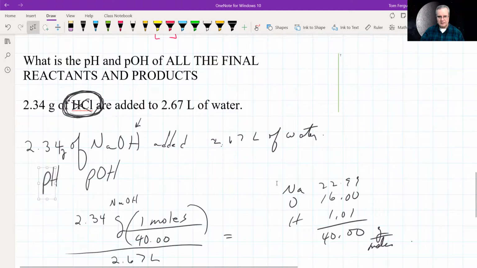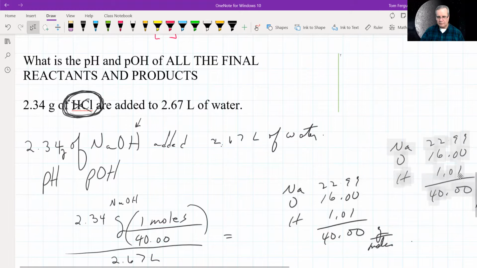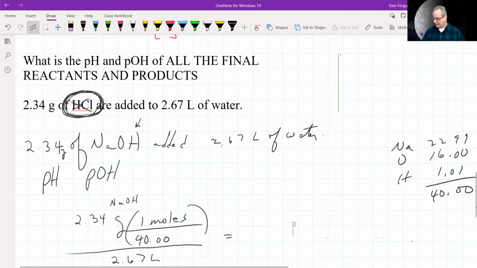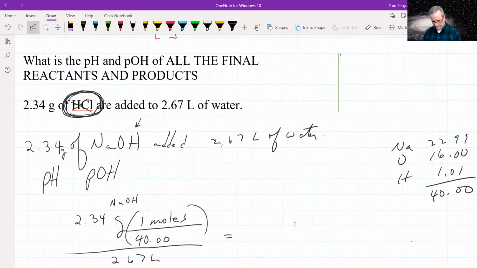And let's move that over here. Okay, so what do we have now? Now this is the pOH, okay, because there's no H. So we can't do pH directly. We have to do it indirectly through 14.